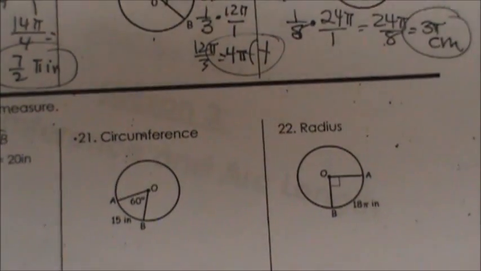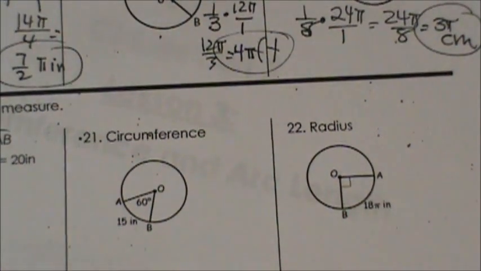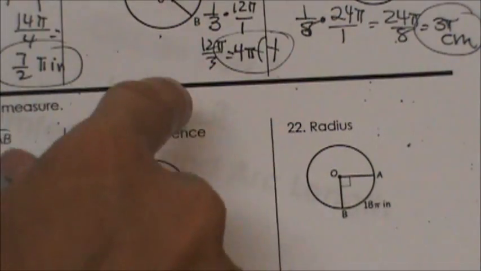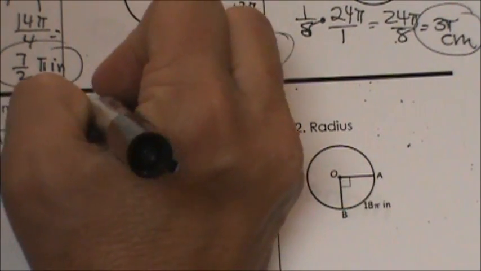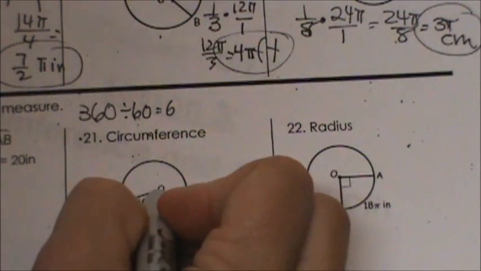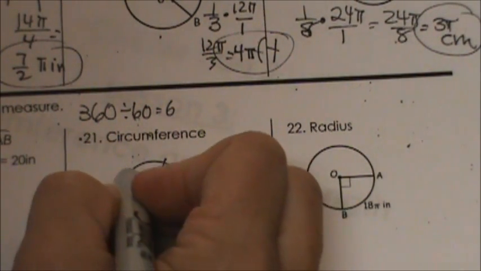Okay, the first one is to think about it in slices. How many slices of 60-degree angles are in the whole circle? Well, if I take 360 and I divide it by 60, I get 6. So if I drew this in, I would have 6 slices, wouldn't I?